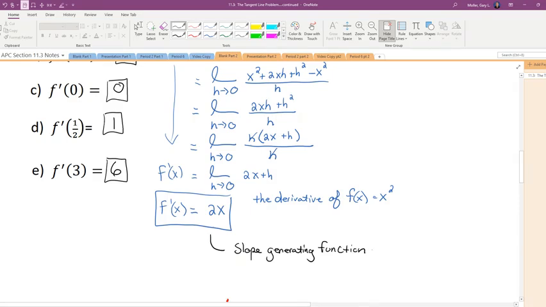And now I just need to know, where do you want to know the slope? I plug in that x value and it tells you. Okay? So hopefully that makes perfect sense. If it doesn't, go back and watch this again or come talk to me.